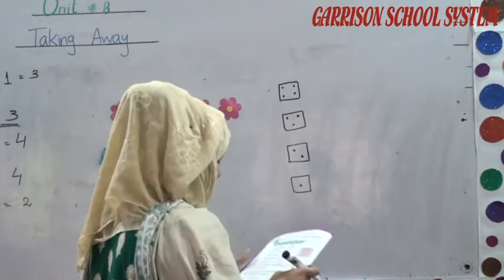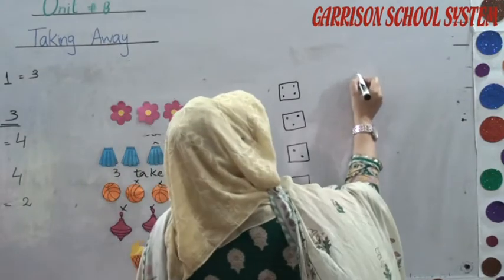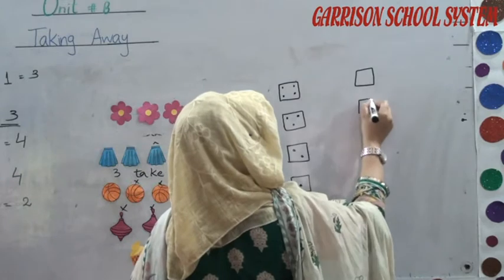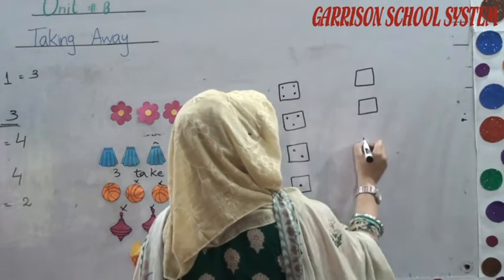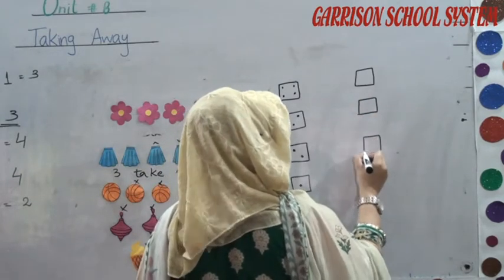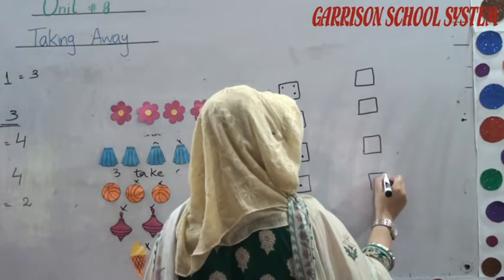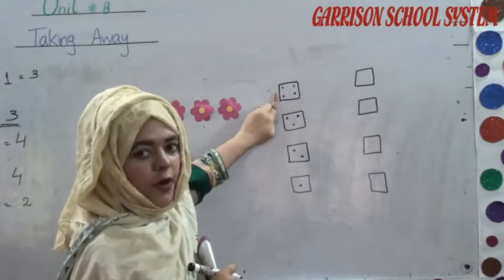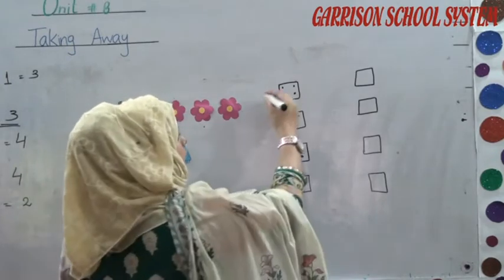So let's see. Now what we are going to do is, we are going to take away 1 and draw the other side. We have a counter which shows that we have 4 spots over here. We take away 1.